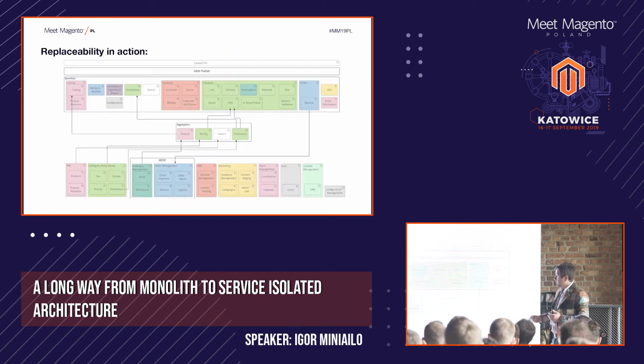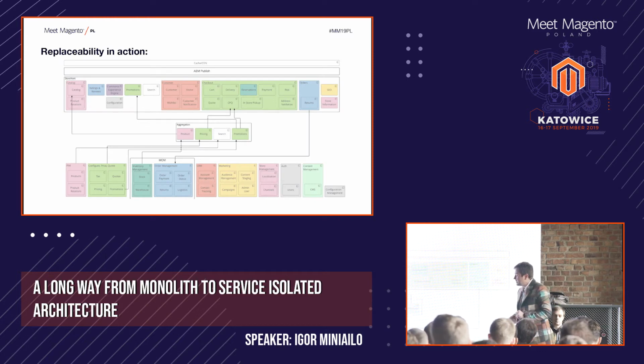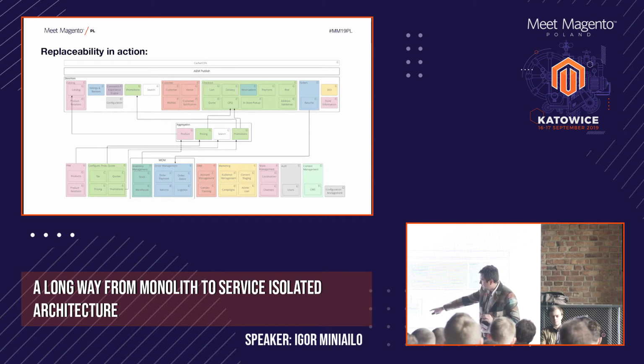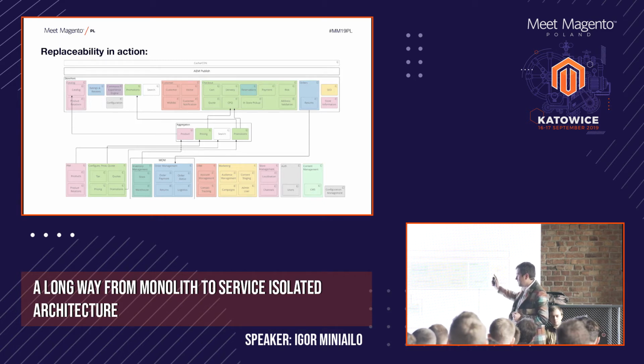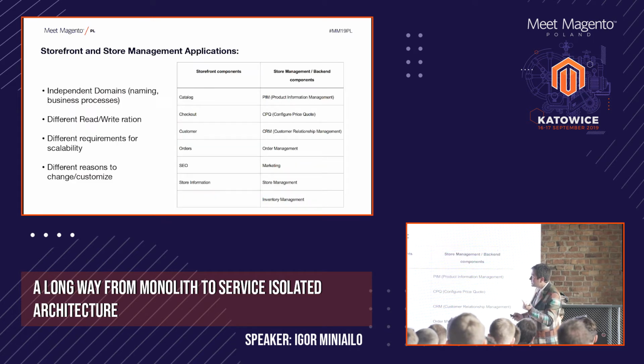And yeah, so this is regarding the split in this architecture. You may see here that the counterpart components for both storefront and store management are depicted with the same colors just to easily see these counterparts, but they have their own domains, their own namings, and their own set of APIs.